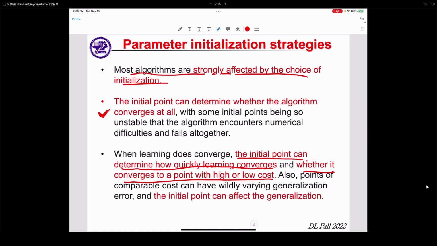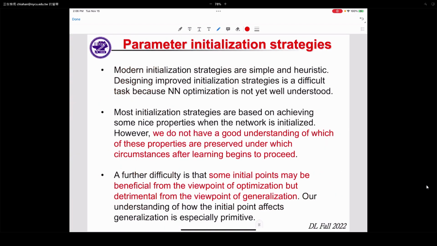And not only that, the initial point can also affect generalization. It's less understandable how it is affected by the initialization. Initialization is very difficult because we don't have a general understanding of how neural networks behave, due to the nonlinear behavior, very complicated overall.